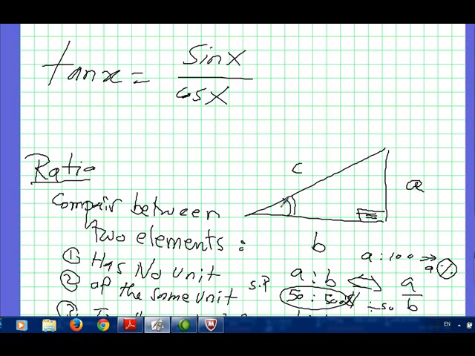For any angle which we call x in a right angle triangle, the side opposite to the angle x will be called the opposite, the neighbor to the angle x we will call the adjacent, and the side which is opposite to the right angle we call the hypotenuse.